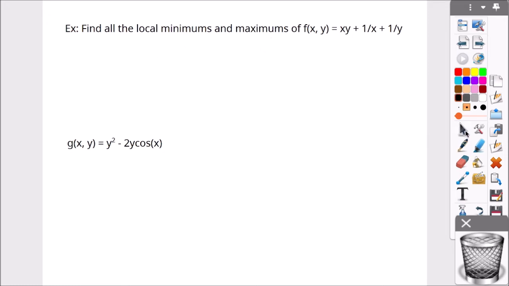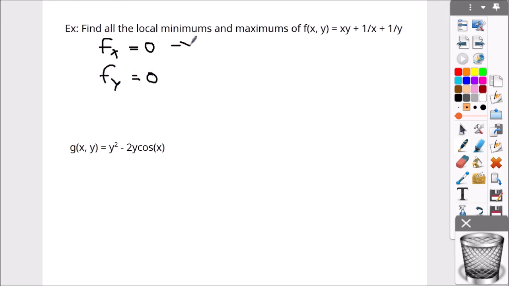Let's find all the local minimums and maximums of this function. So what's the gradient? The gradient has to equal 0. So f sub x equals 0 and f sub y equals 0. Right? That's our first step.